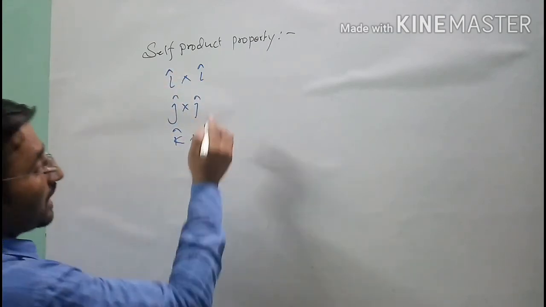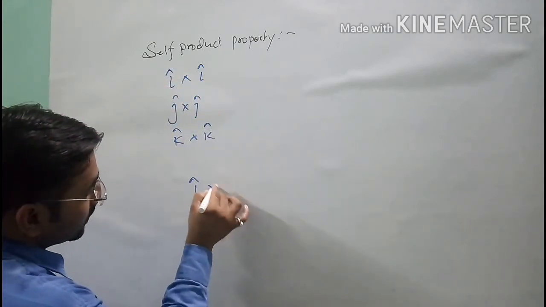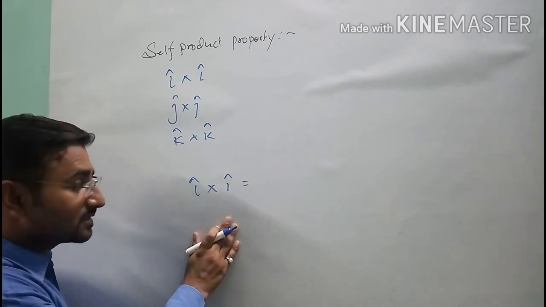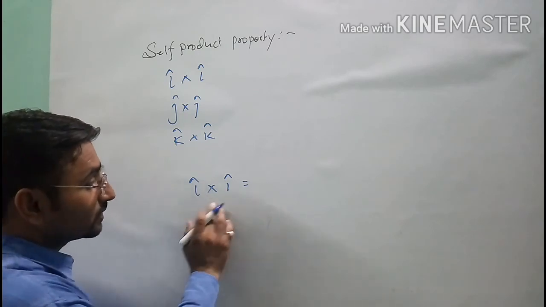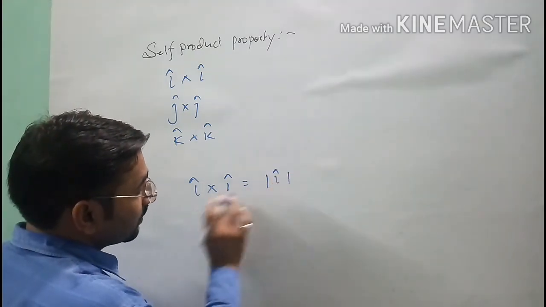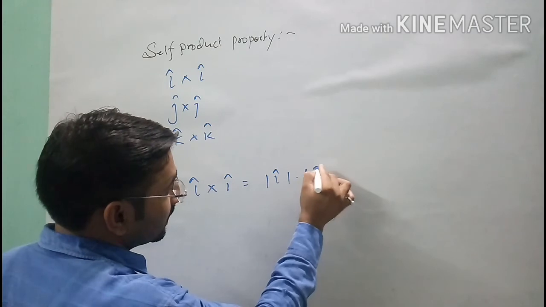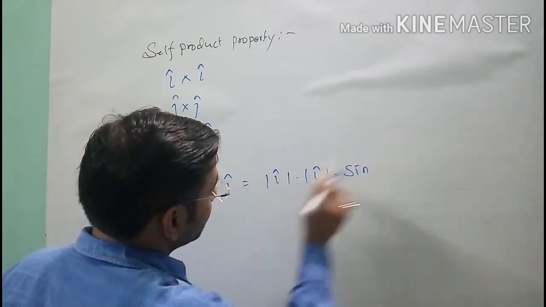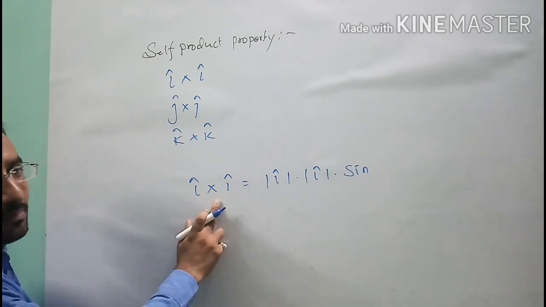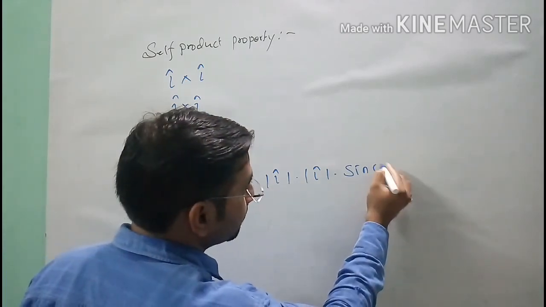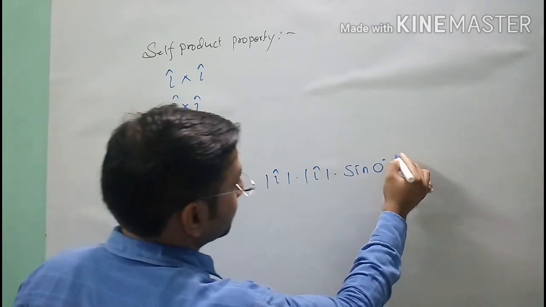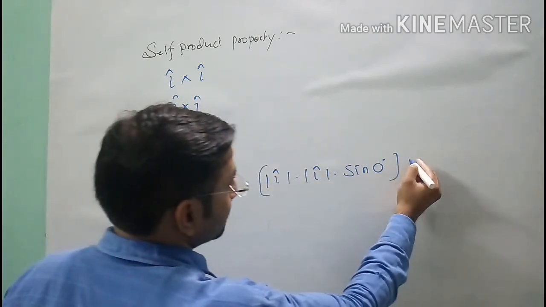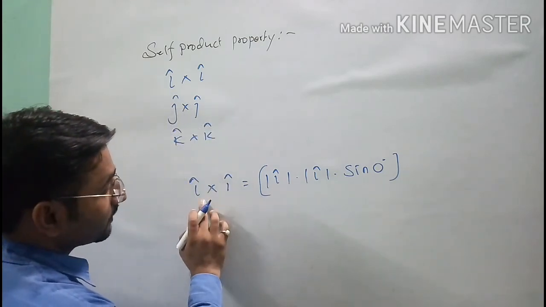As you know, i cross i means the cross product of two vectors. So i cross i is the mod of i into the mod of i into sine theta, the angle between them, and since we are dealing with the same unit vector, the angle between them is 0 degrees. After that, if you want to know the direction, it is supposed to be normal to this.